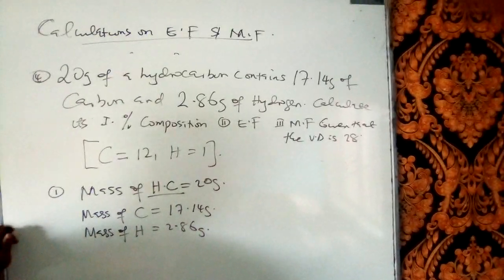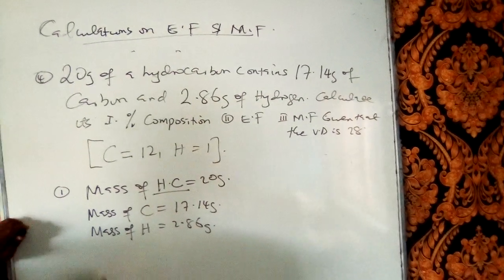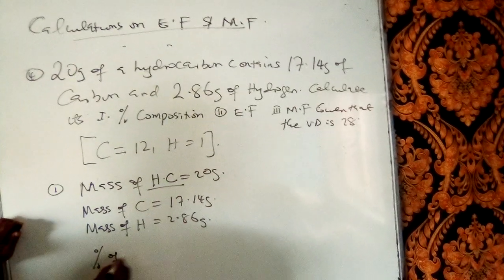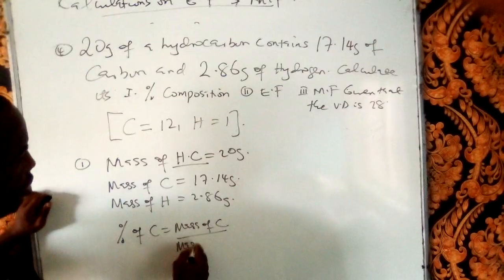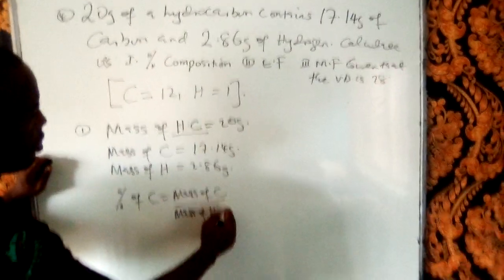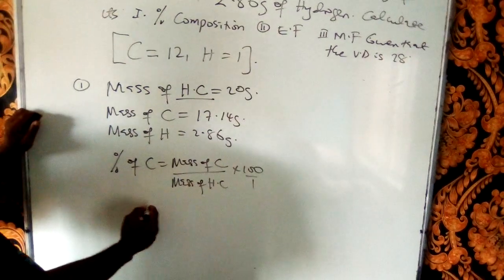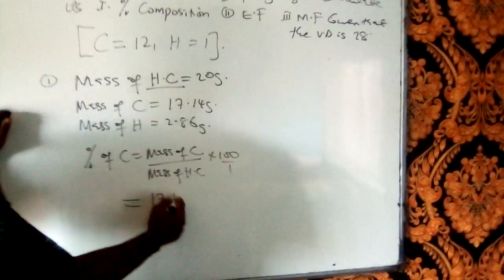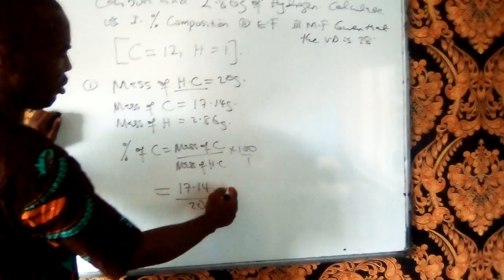So let's start by finding the percentage of carbon in the compound. The percentage of carbon becomes mass of carbon over mass of hydrocarbon times 100 over 1. The mass of carbon is 17.14 and the mass of hydrocarbon is 20, times 100 over 1.